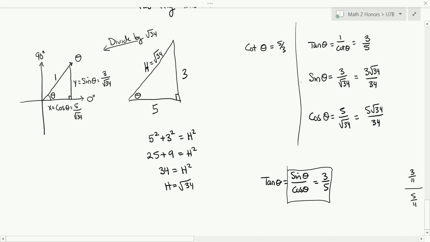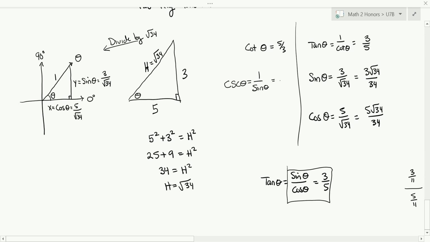Okay. So the reciprocal of sine is the what? What's it called? Cosecant, good. So the cosecant of theta is 1 over the sine of theta, which is, what do I write? What are you going to write? 34 over 3 root 34?